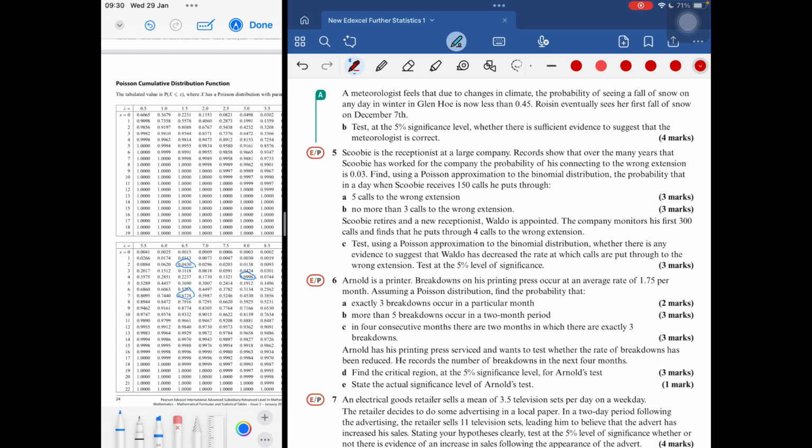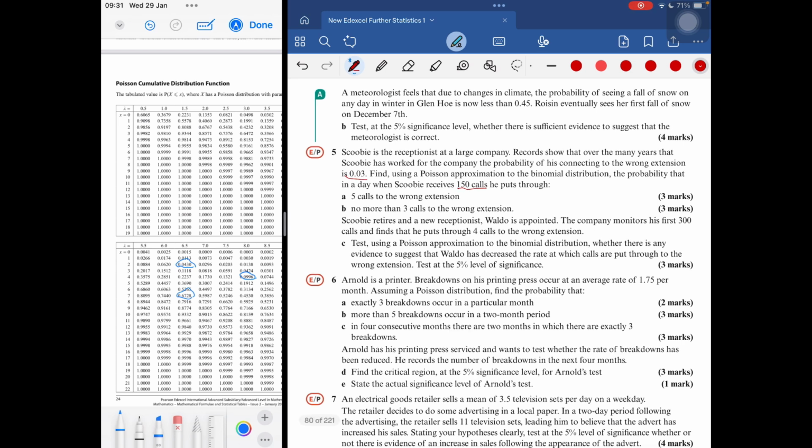Okay, so this one, Poisson, let me find the rate per calls. Because now we are looking for this binomial distribution.